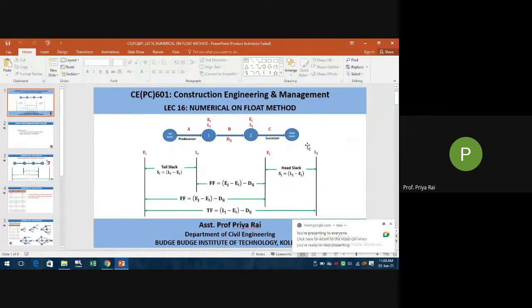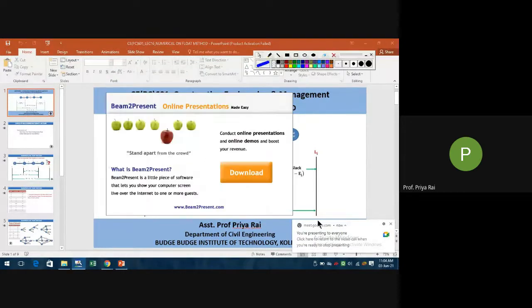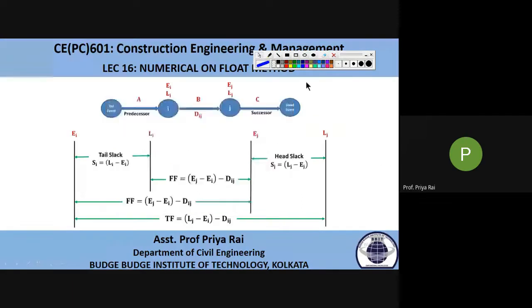Simply like this, you need to draw a network diagram, and here you have to mention the predecessor. This is your target activity, and for this activity we are calculating the free float. For this particular activity only we are calculating all three kinds of floats: this is total float, free float, and this is independent float.